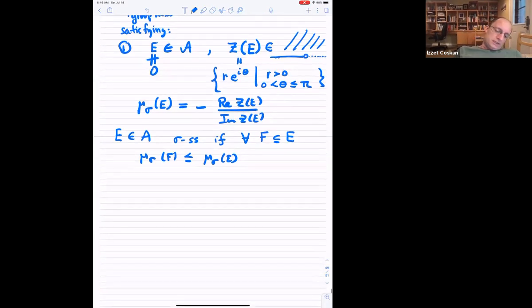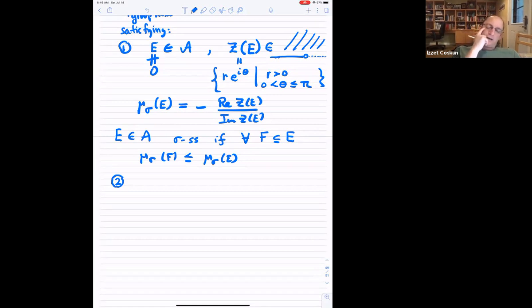The second condition: we had a Harder-Narasimhan filtration when we talked about stability. That meant that given any bundle, you could filter it such that the successive quotients are semi-stable objects, and you require the same thing here.